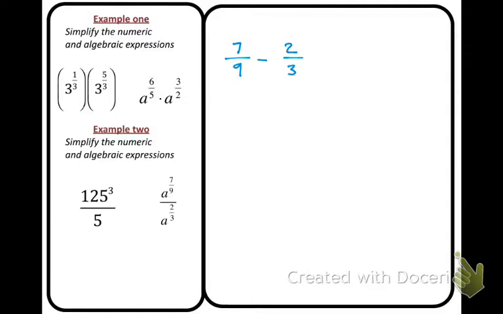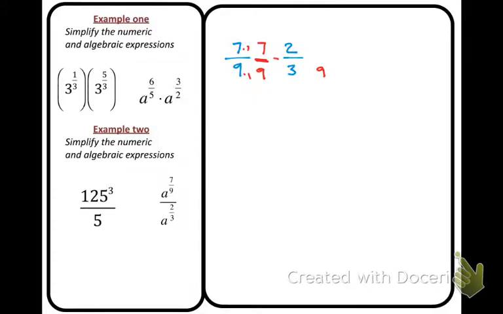The same things apply. We look for a common denominator between these two fractions, and 9 can be a common denominator. Keep in mind this is subtraction. Here we multiplied by 1, so you multiply by 1 on top, and that fraction stays the same, 7/9.